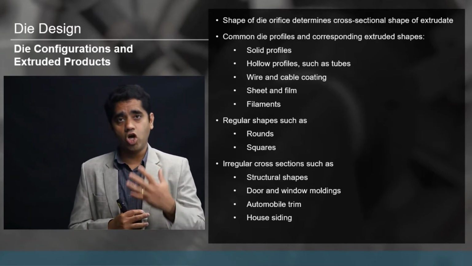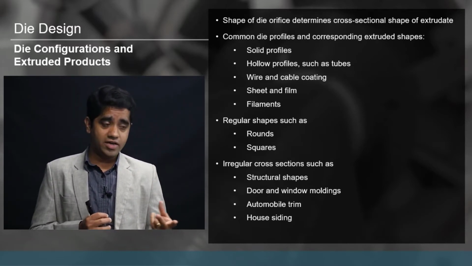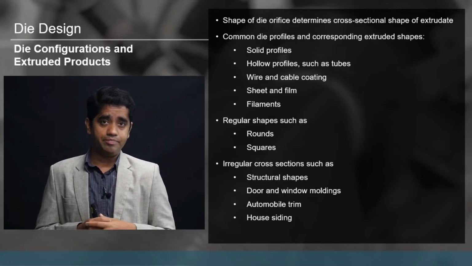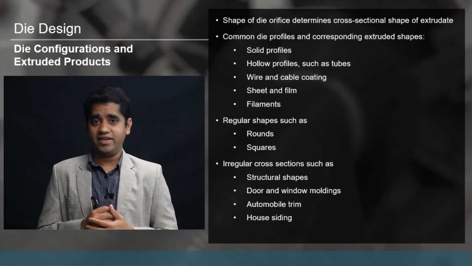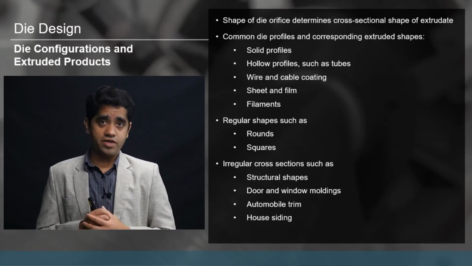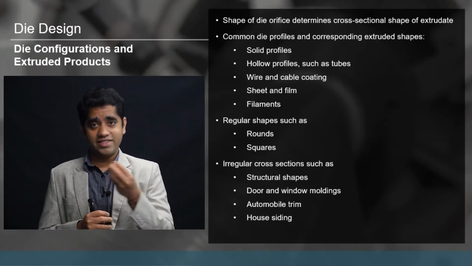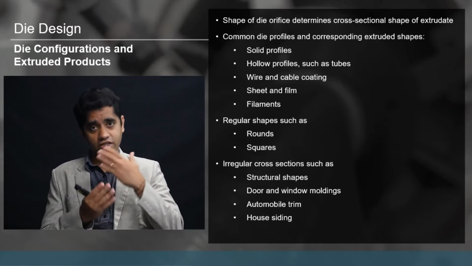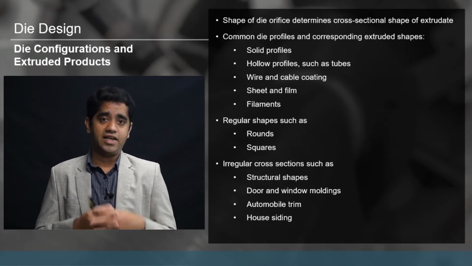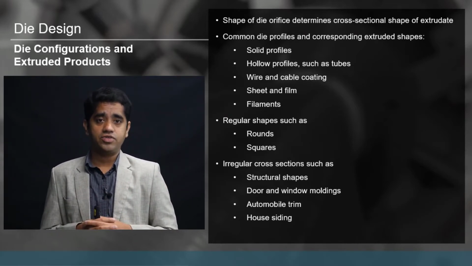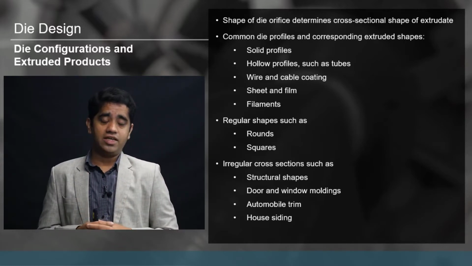And some of the most common die profiles are solid profiles, hollow profiles, wire and cable coating, sheet and film, as well as filaments. An example of sheet and film is your Ziploc bags that are also extruded, and filaments are the ones which you saw in the video, the strands that come out of it and that we have chopped off. For solid profiles, a good example is the decking material that's used in outdoor fencing and decking applications, the rectangular shapes.